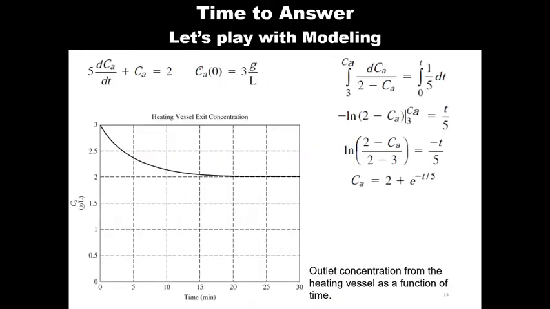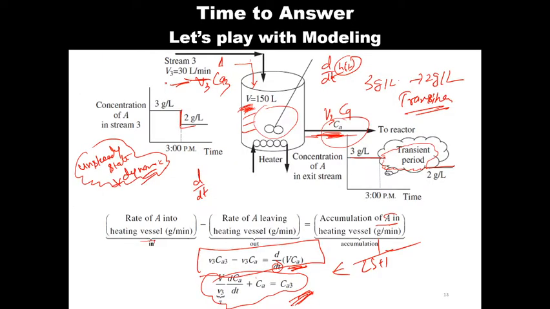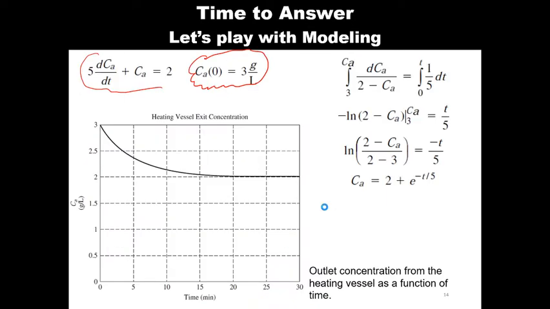You know the initial value, Ca0 is equal to 3 gram per liter. It is a first order differential equation. V is known, V3 is known, Ca3 is also known, so you can calculate the Ca.